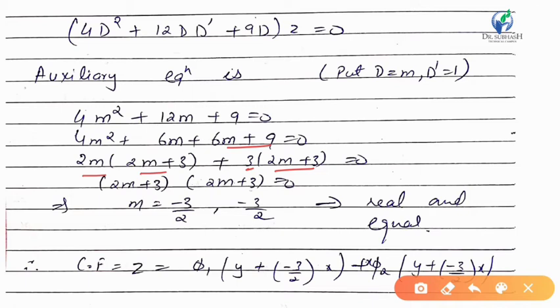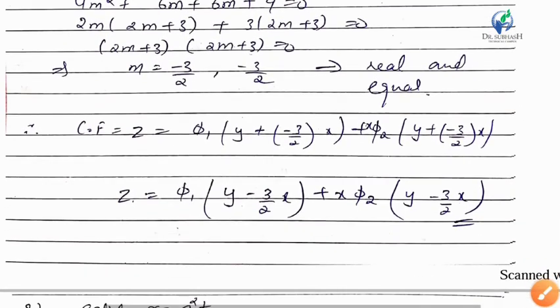From the whole equation I will take 2m plus 3 common, so the other bracket will also be 2m plus 3. Now here m equal to minus 3 by 2, minus 3 by 2. The roots are real and equal, so it will be case 2.